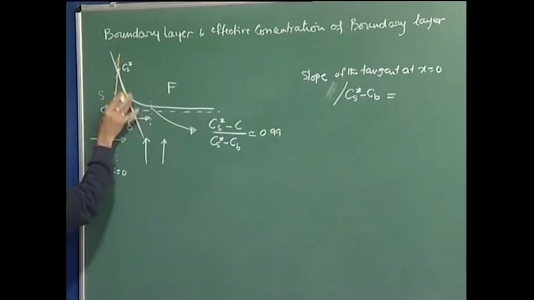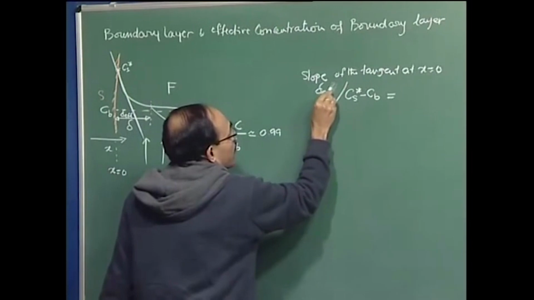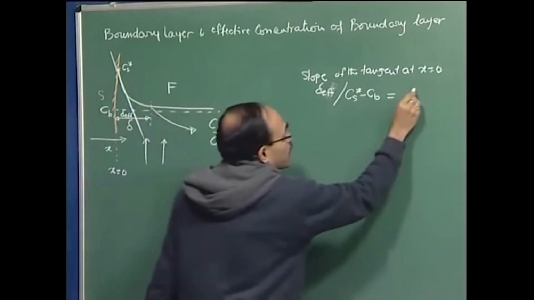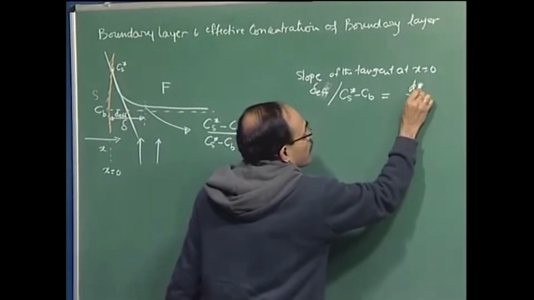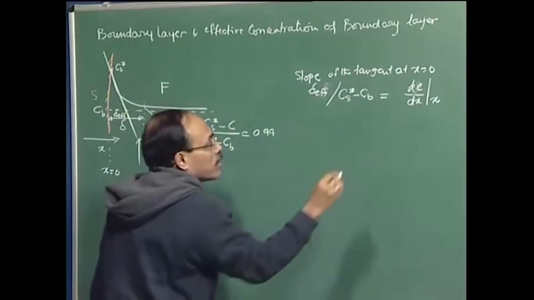So, this distance divided by this distance becomes equal to the slope of the tangent. So, this is delta effective, or this is dC over dx at x equal to 0.